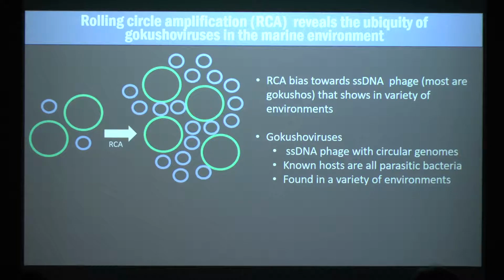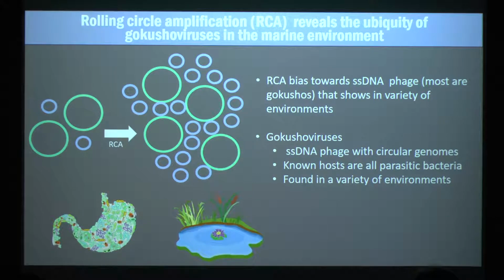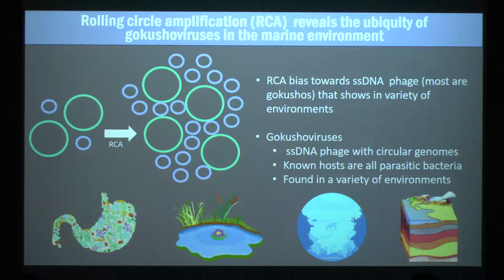So since we started adding RCA before metagenomic studies, we started finding them everywhere, in animal and human guts, in freshwater systems, marine systems, and sediments, just to name a few. But because the techniques we use either bias for or against gokushoviruses, we have no idea about how abundant they are. We know they're very diverse, we find them everywhere, but what does that actually mean in the big picture?